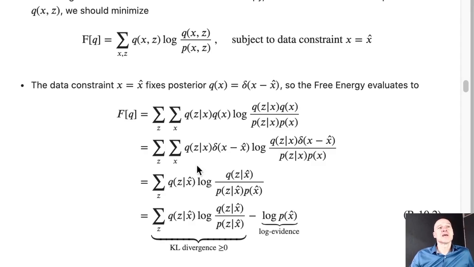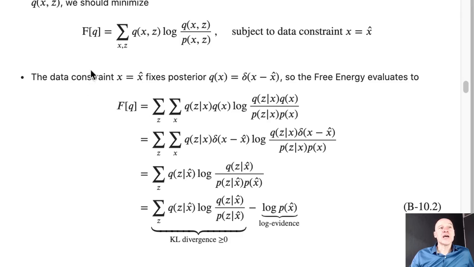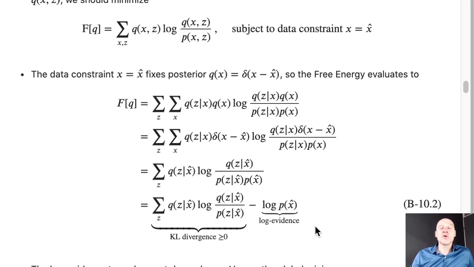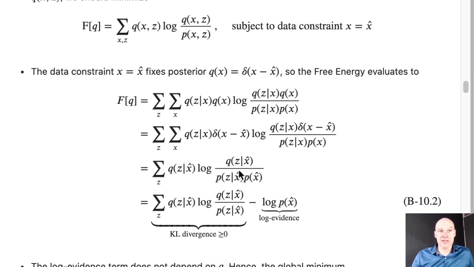But crucially, F of Q is this guy here at the bottom. It's quite easy to derive that, and we need to minimize this. Now note that this here is just a KL divergence. It's the sum of Q over Z and P over Z and the expectation.